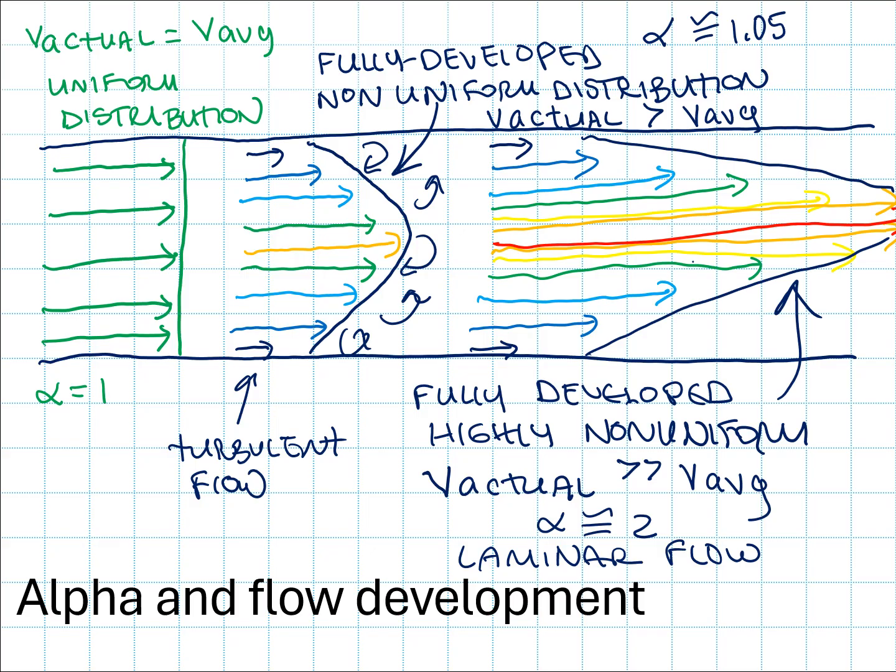So turbulence, in a sense, inhibits the full development and constrains the non-uniformity of the velocity profile, whereas in a laminar, nice, smooth, parallel flow, the distribution of velocity is able to attain that much more strongly non-uniform shape that we can see in the second example. So that's why we usually apply a greater alpha value to laminar flows than to turbulent flows.